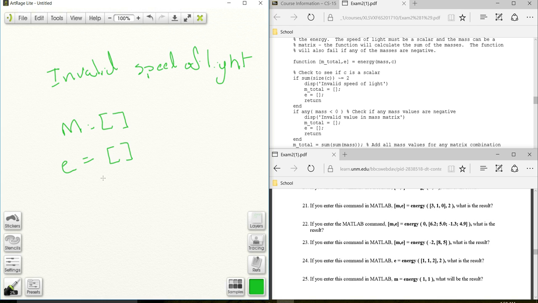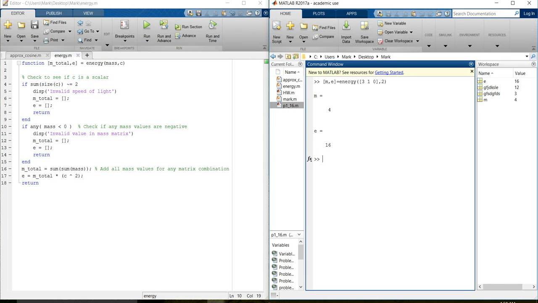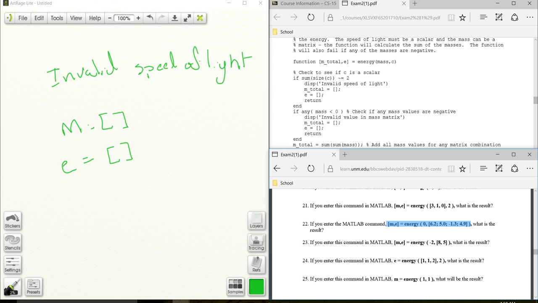And so that's what should return. And if I come over here, I could copy this, slide right, paste, and we see invalid speed of light. M is an empty bracket, E is an empty matrix as well. And we're good to go.